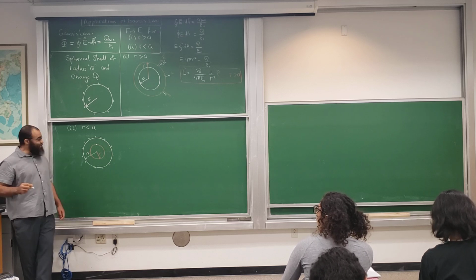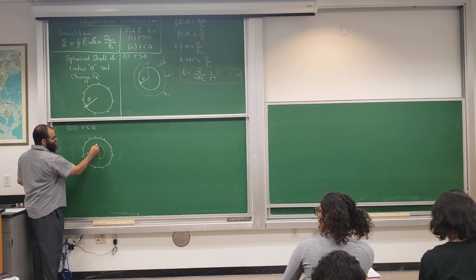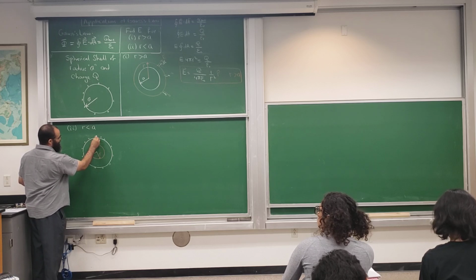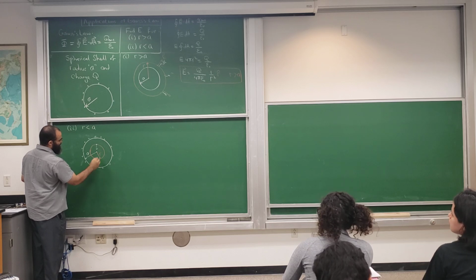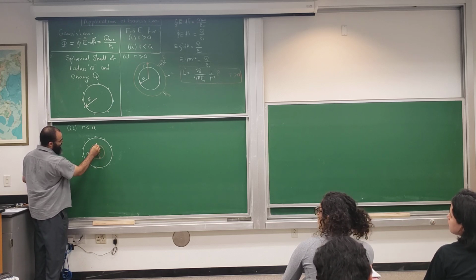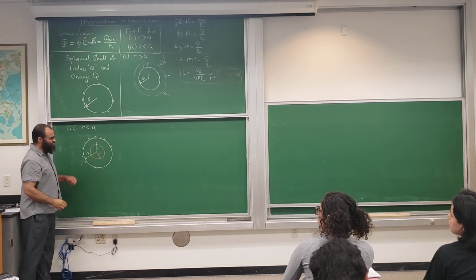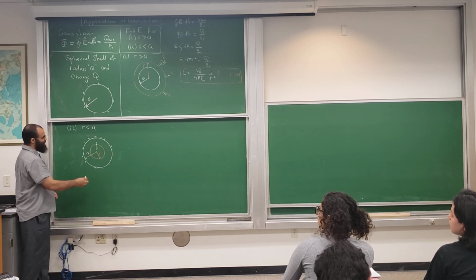There are arguments for saying the electric field will be radially inward. Look at this plus charge here. It's closer to this point, so it will produce an electric field here. But the plus charge on the opposite side will produce a field that's a little smaller. So it might actually be radially inward, but it would not be the case.